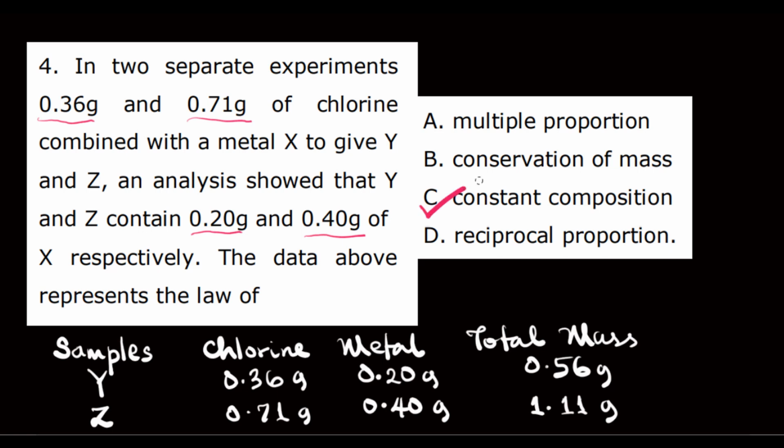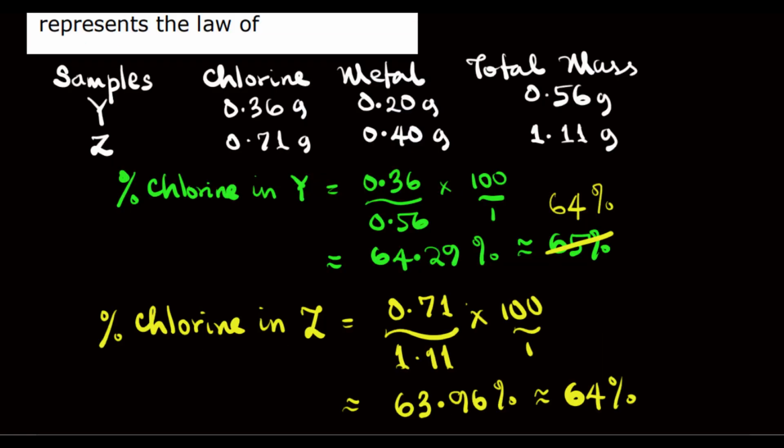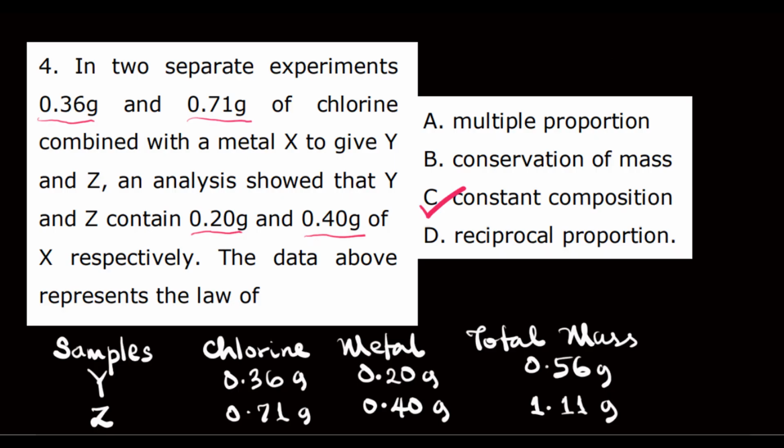It states that all pure samples of a chemical compound contain the same elements combined in a fixed ratio by mass. So that's what we have just illustrated here. You can see 64% chlorine. So from here, the percentage composition of the metal in both samples will be 100 minus 64, which is 36%.